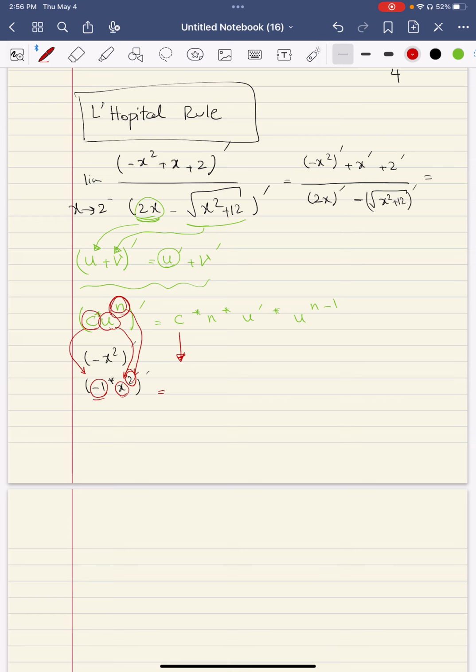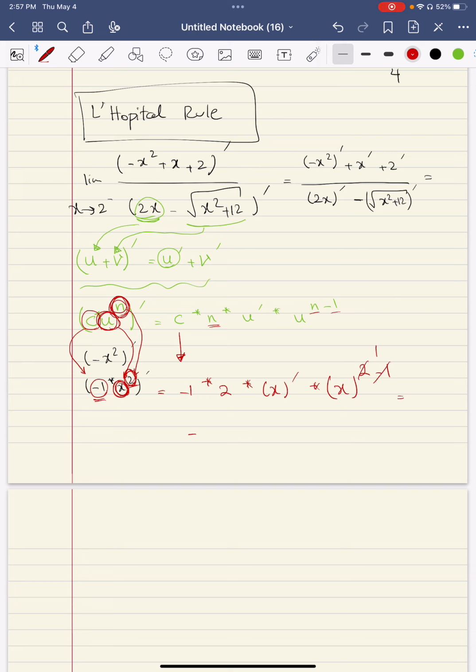The c is minus 1, times your n, which is 2, times u prime, which is x prime in here, times u to the power of n minus 1, which is x to the power of 2 minus 1. 2 minus 1 is 1.